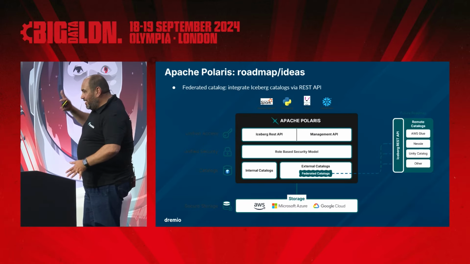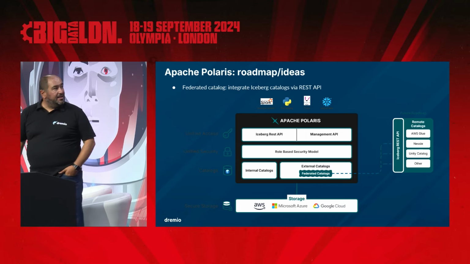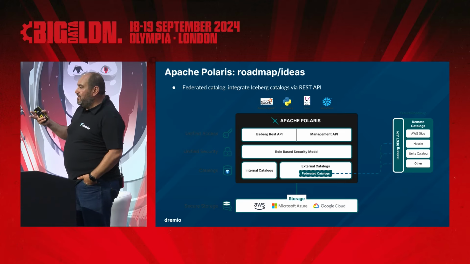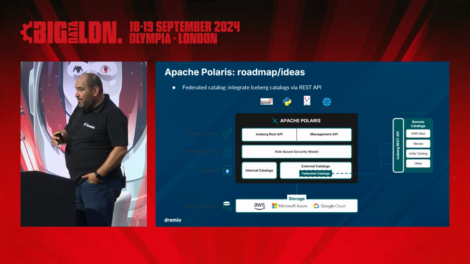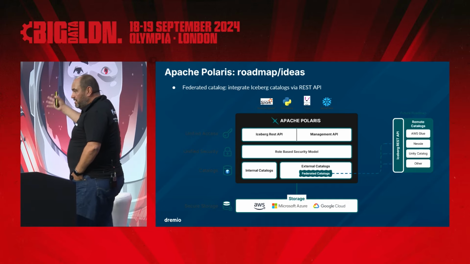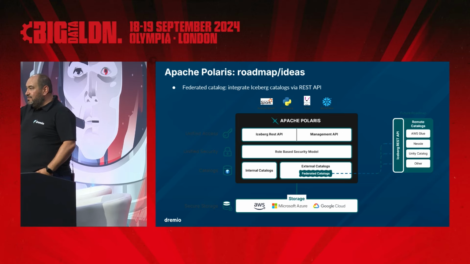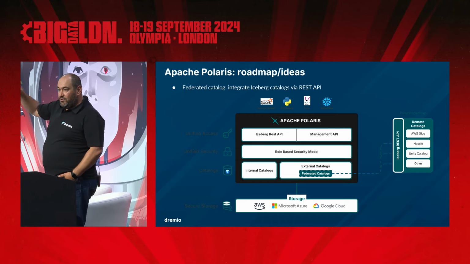So some ideas and roadmap we have about Polaris. The first thing is, today you have two kinds of catalogs that exist in Polaris. The internal catalog, where the metadata are stored by Polaris itself, but we also support external catalogs. So imagine you have an existing Glue catalog, or an existing, I don't know, JDBC catalog. You don't want to move manually all the metadata from this catalog to Polaris.